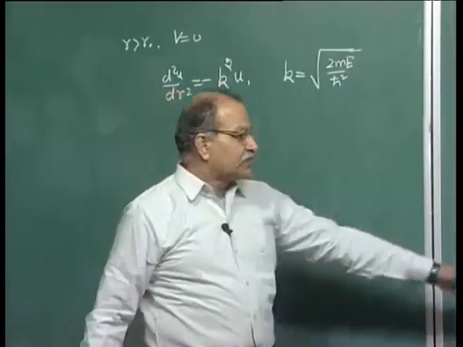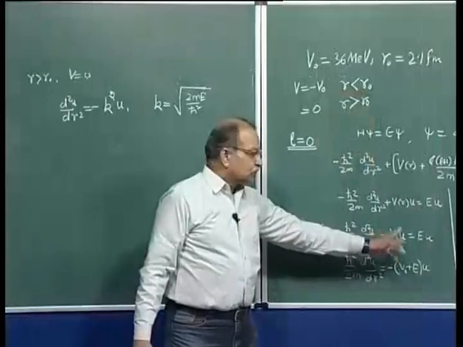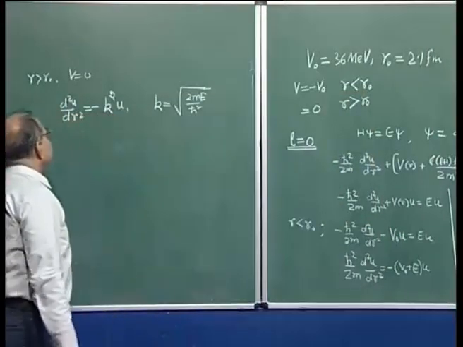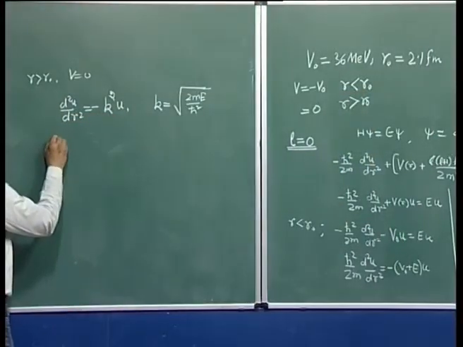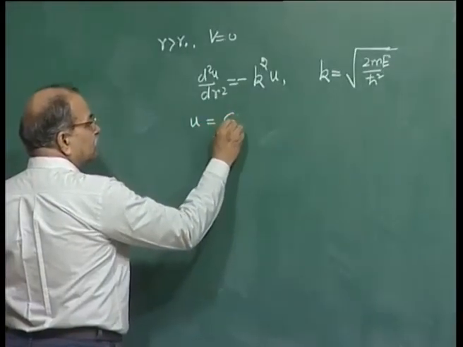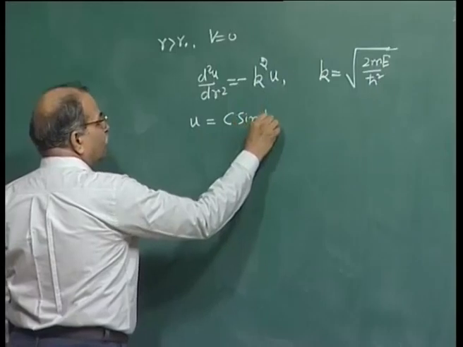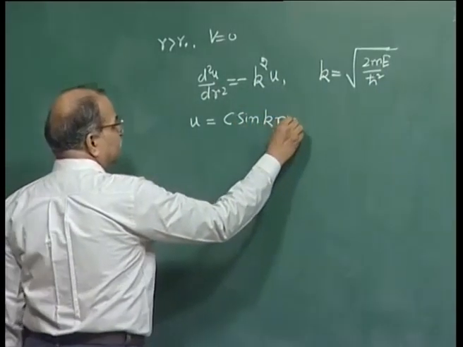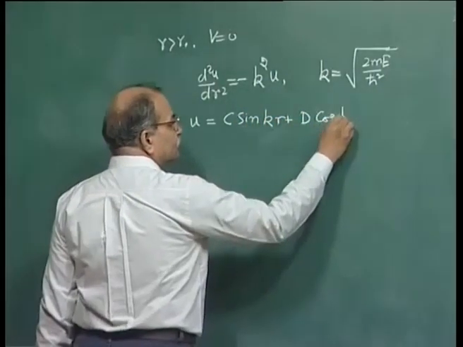I am just putting V naught equal to 0. Here also your solutions will be like u is equal to some c sin kr plus some d cos kr.